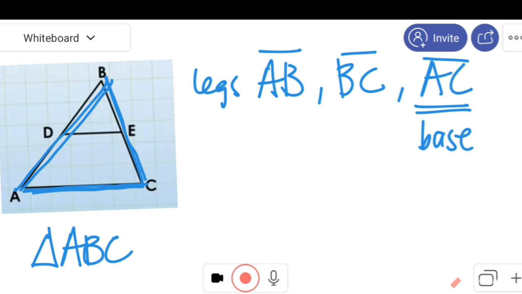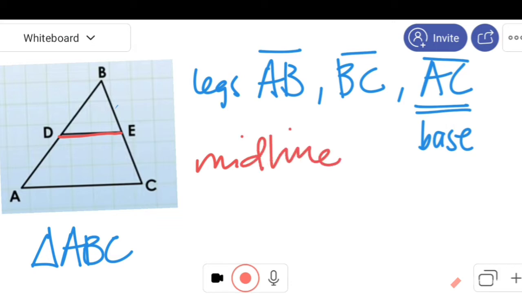What do we call this DE? This DE is what we call the midline. That's the midline segment DE. Okay, so this is the base of the triangle.